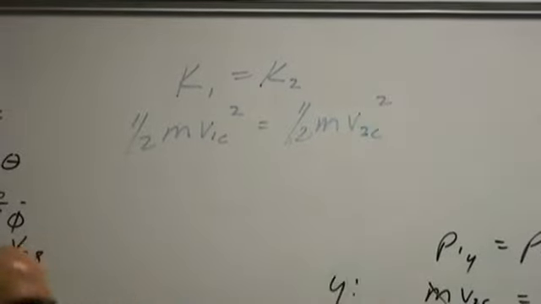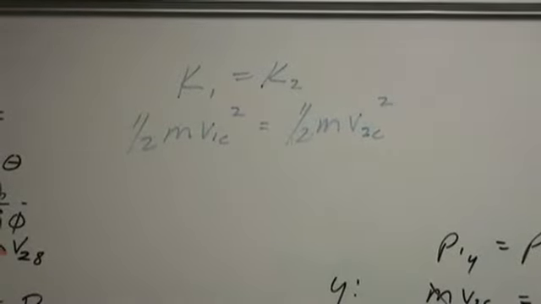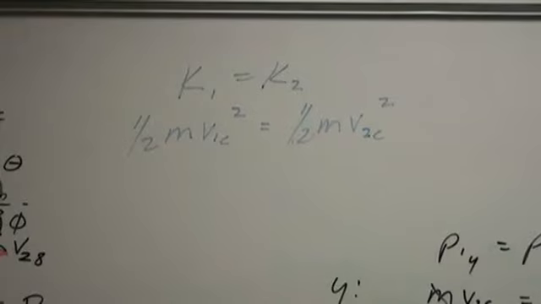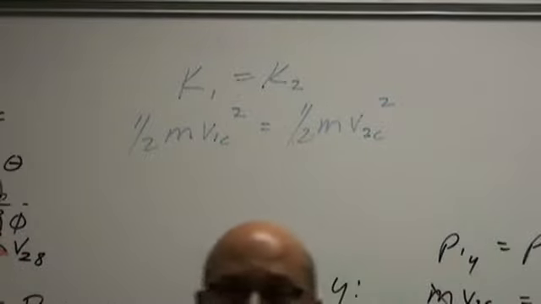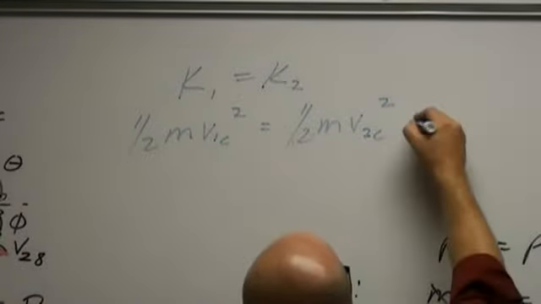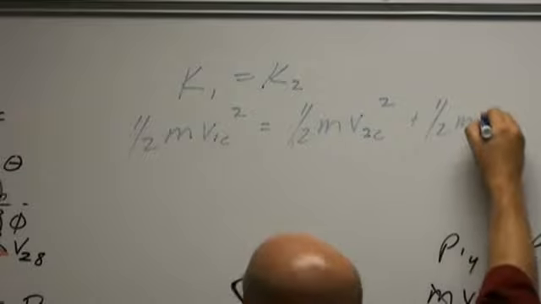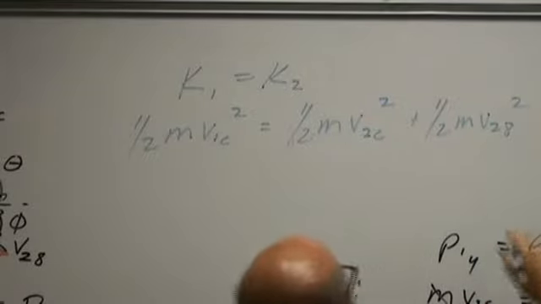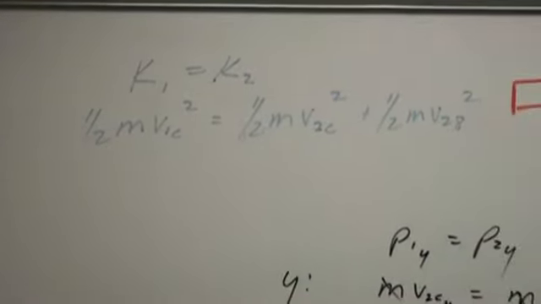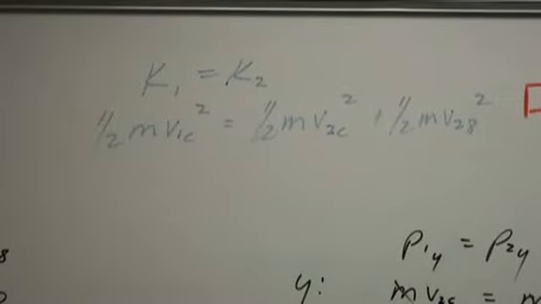m v2c squared. Now, do I have to worry about the angles for kinetic energy? No, because it is a scalar, right? Energy is energy is energy no matter what direction. So we have another one, 1/2 m v28 squared. And all kinds of great magic occurs here.